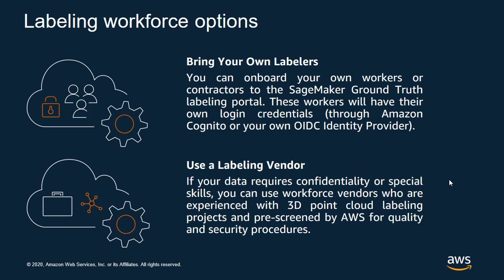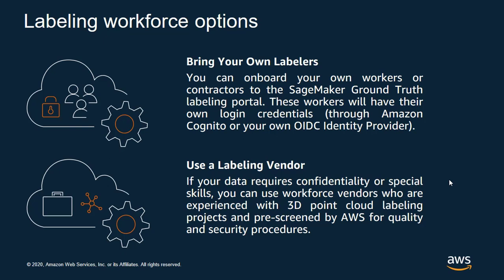So moving on, I want to talk about who will perform the labeling in the context of a labeling job. So we support two different labeling workforce options. The first is you can bring your own labelers. So we are hosting a labeling application, right? And underlying that application is Amazon Cognito. And through Amazon Cognito, you can onboard your own workers.